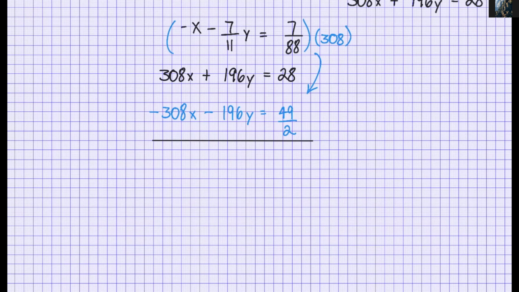So now I can add my equations. But if you see the 308x, or in this case, the variable x will get canceled, but also the variable y will get canceled. So I end up in here with a 0, and this will be equal, let me do 28 plus 49 halves.